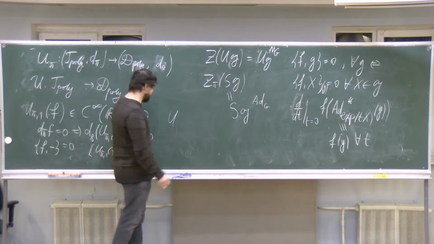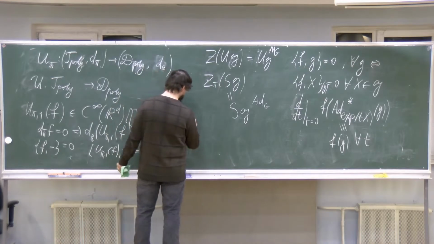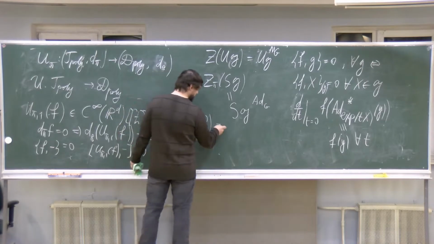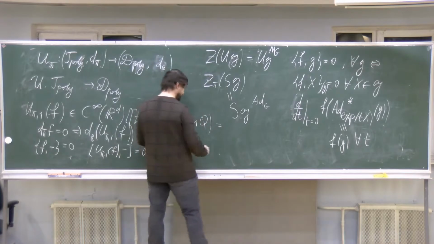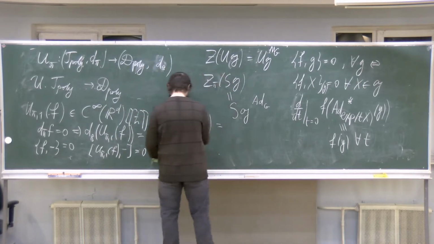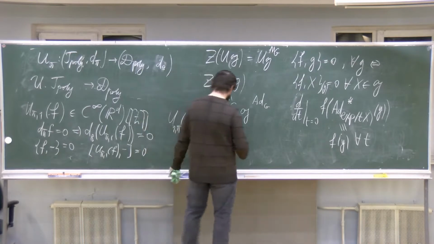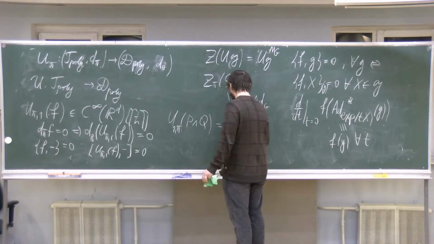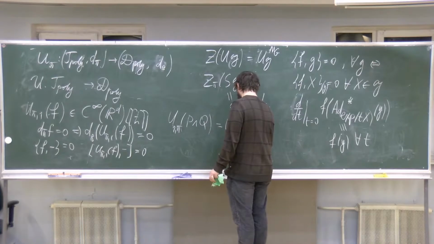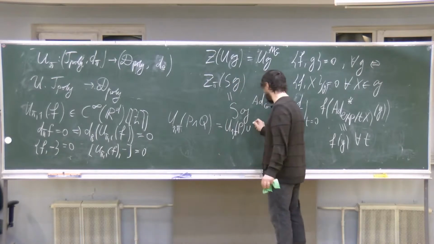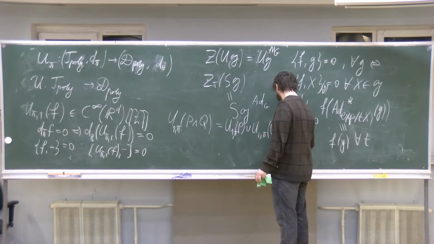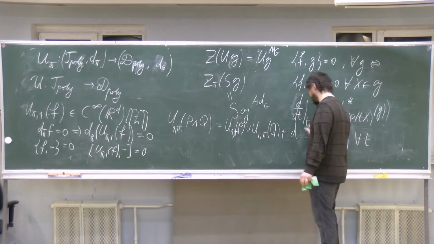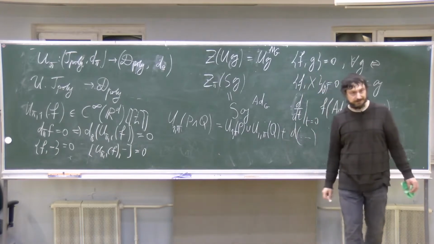You can do this like this. So U1 of, say, P wedge Q is equal to U1 comma pi of P cup U1 comma pi of Q plus differential of something. That's what you can prove.